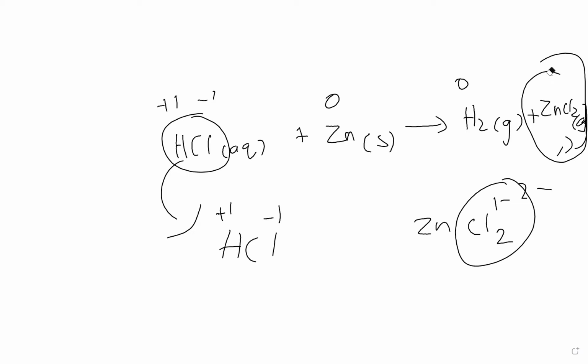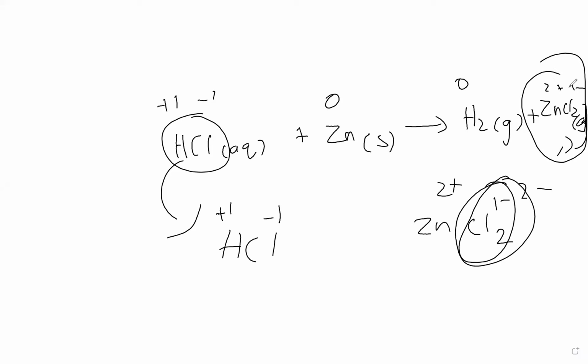You don't have any charge. So we have the total of two negative here, which should be neutralized. This should be two positive to cancel out the two negative. So if one Cl is one negative, then two Cl are two negative, which means Zn should be two positive.